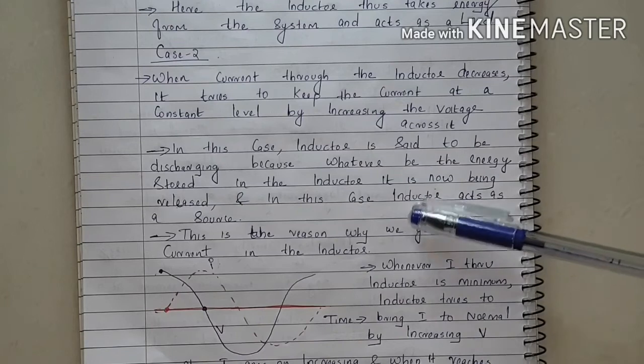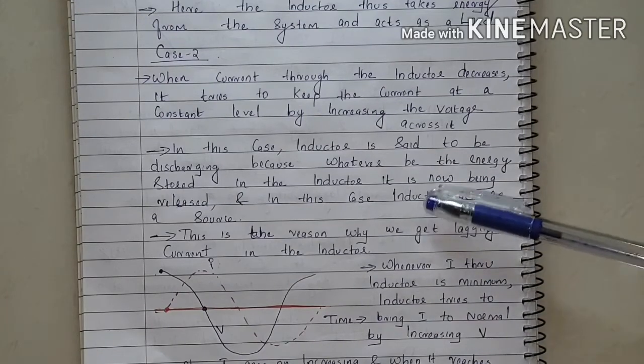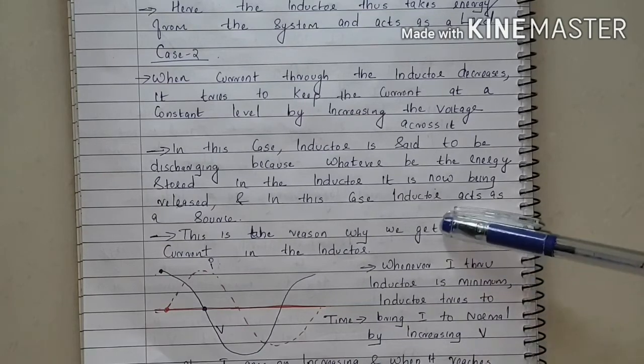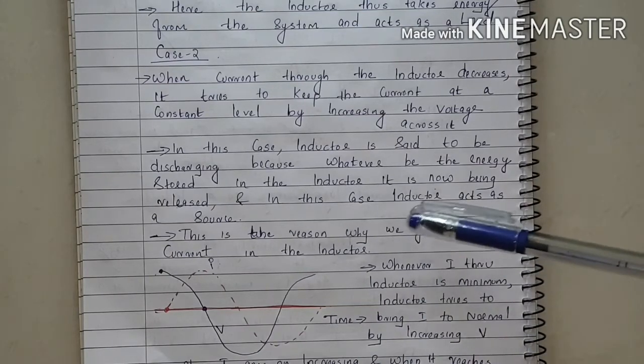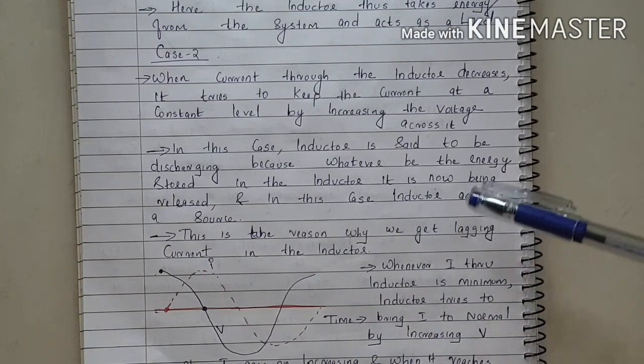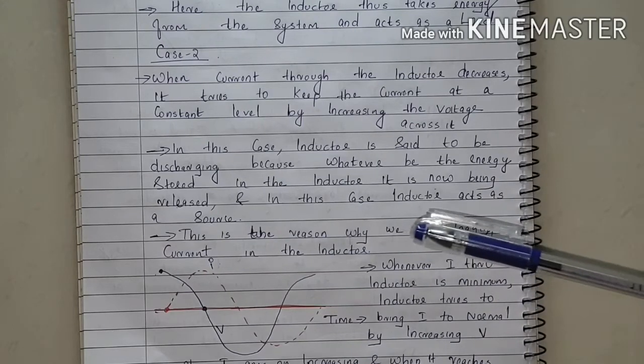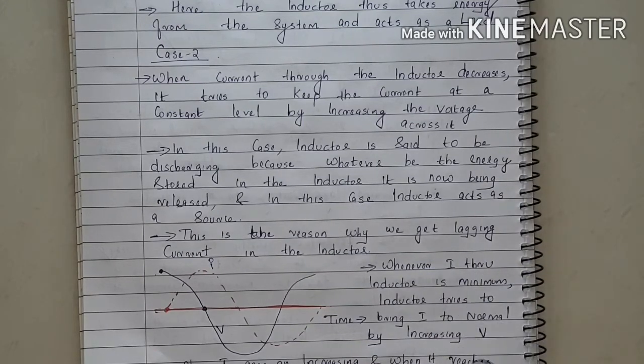In this case, the inductor is discharging because whatever energy was stored in the inductor is now released. And in this case, the inductor is acting as a source. This is the reason why we get lagging current in the inductor.